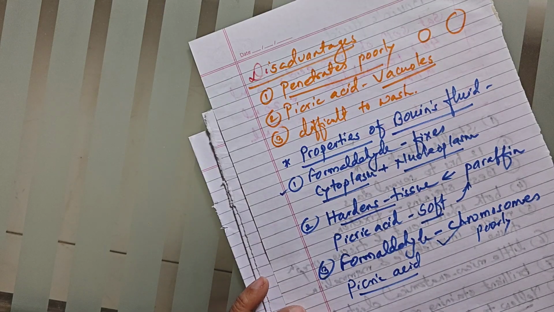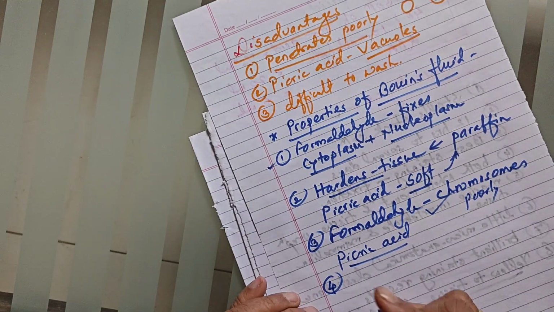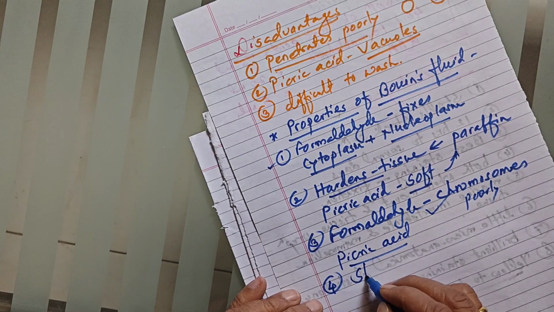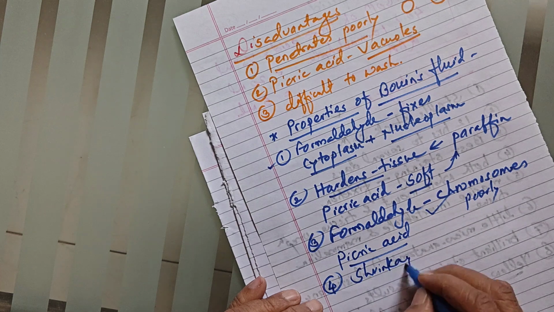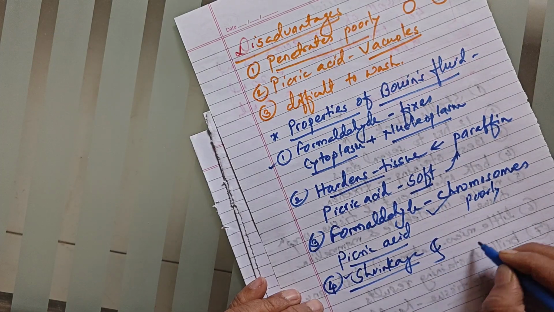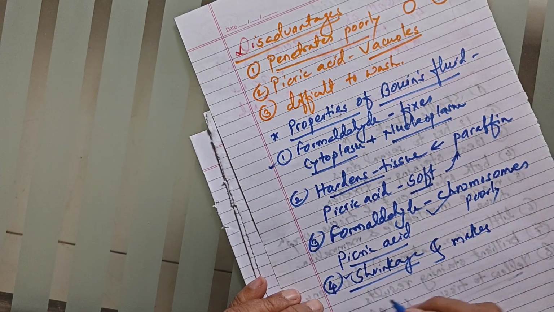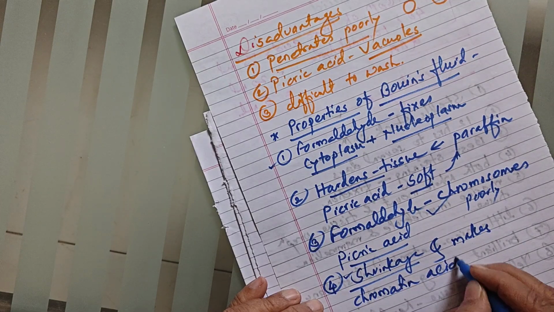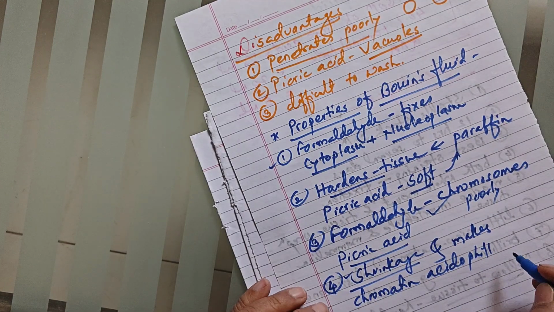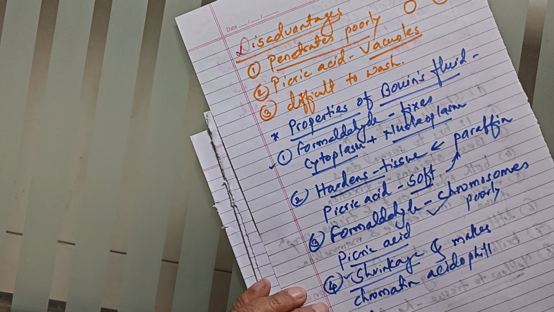The fourth important property is that picric acid is responsible for shrinkage of tissue and makes the chromatin acidophilic. This results in formation of vacuoles in the tissue.